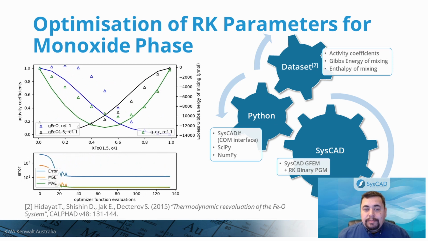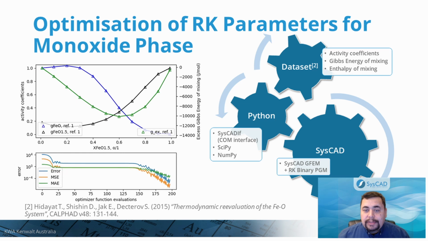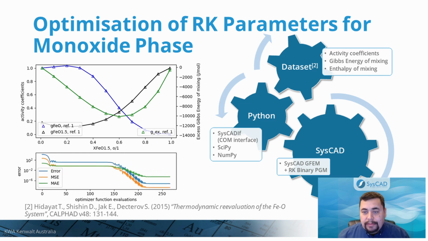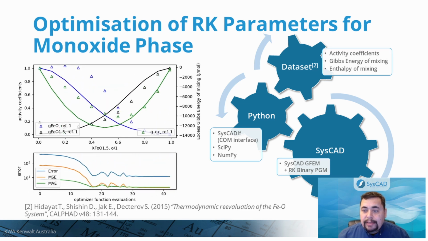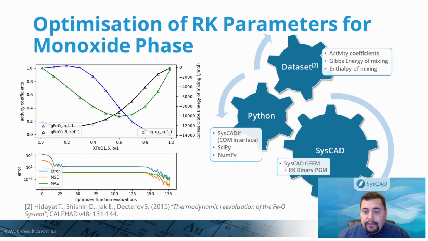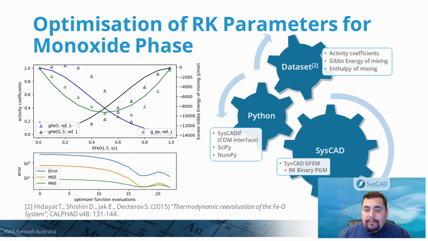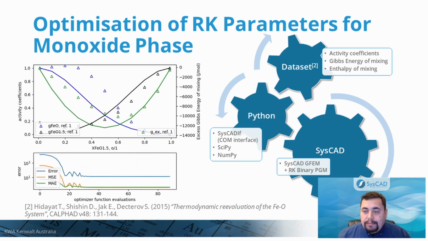Then, using Python and the SysCAD GFEM automation library, a series of scenarios can be run to evaluate the target variables, that is, activity coefficients and Gibbs excess mixing energy, for each of the points in the dataset.